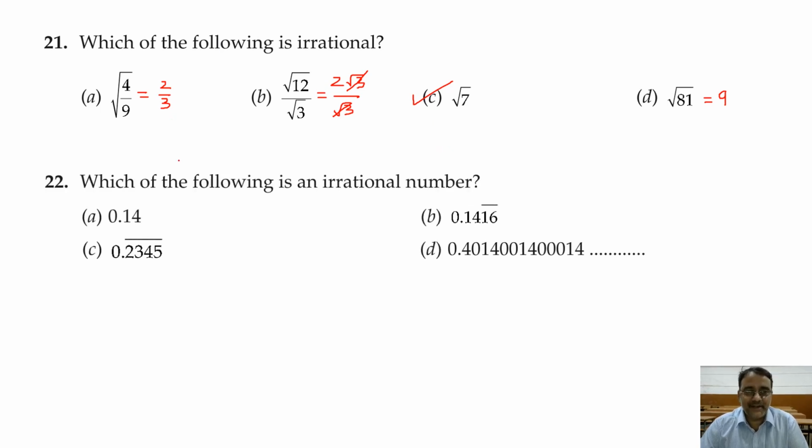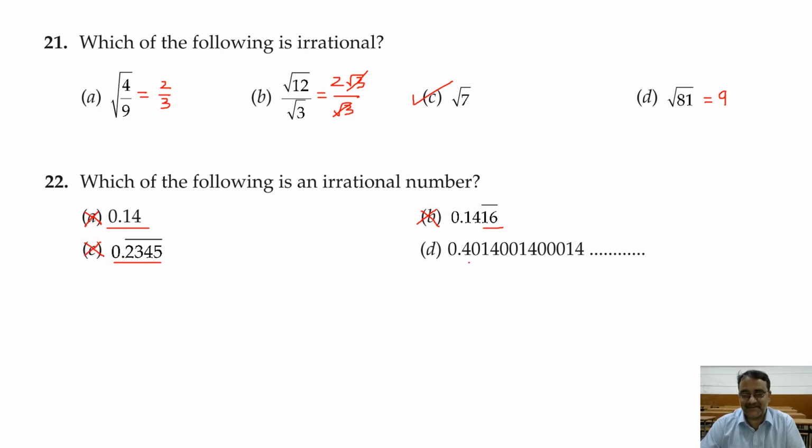Yes, sir. Now 22nd. Which of the following is an irrational number? See, this one terminates, so it is not an irrational number. This is non-terminating repeating, so this is also not an irrational number. This is also non-terminating repeating, so this is also not an irrational number.